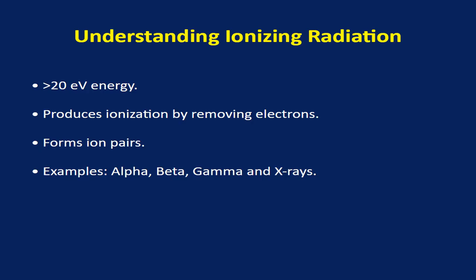Because it is so energetic, it can crash into matter and literally split atoms apart, knocking out electrons and creating charged particles or ion pairs. This process is called ionization. When we talk about alpha, beta, gamma and X-rays, we are talking about this powerful ionizing radiation.